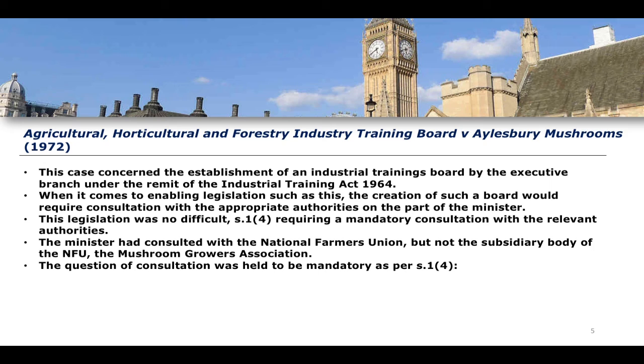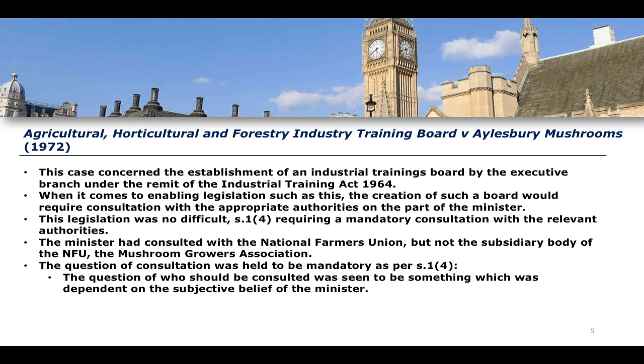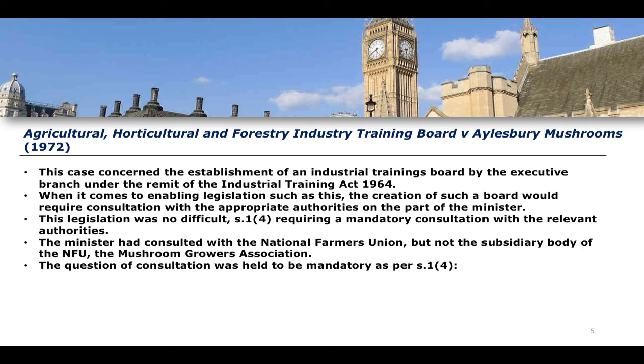Who actually counts as a relevant authority is a question that lies a little bit with the minister, but of course it can also be considered within the context of the legislation by the courts, because if the minister consulted a completely different union or a completely different association, then this would represent a failure to consult with the, quote, relevant authorities.